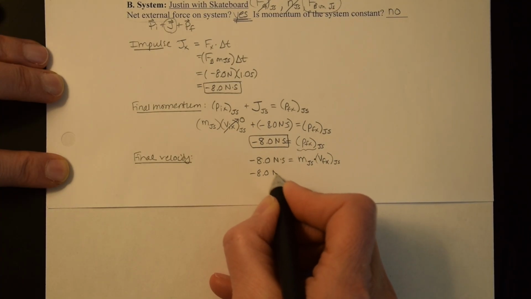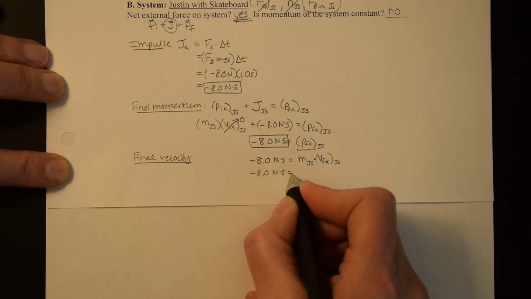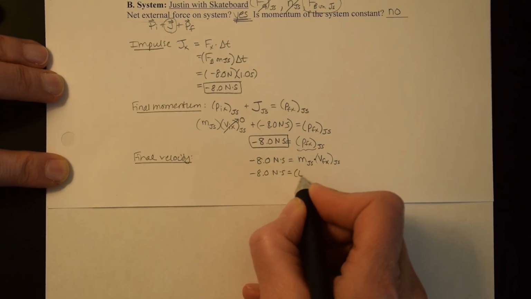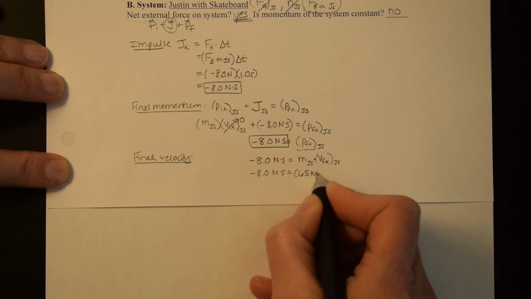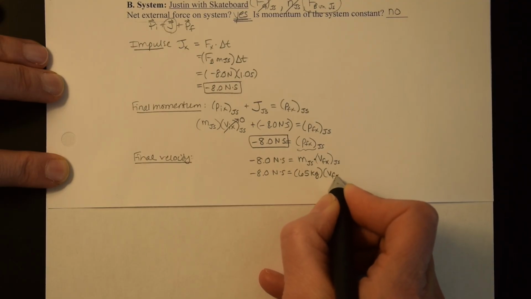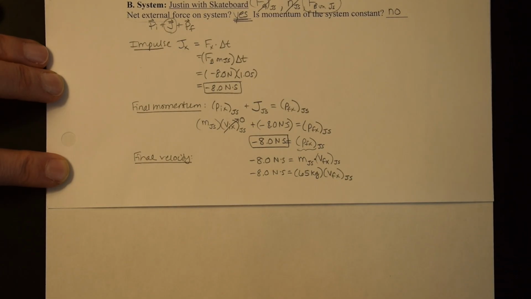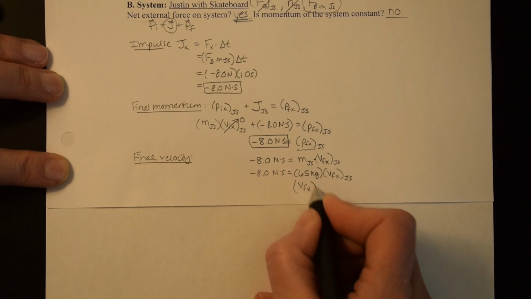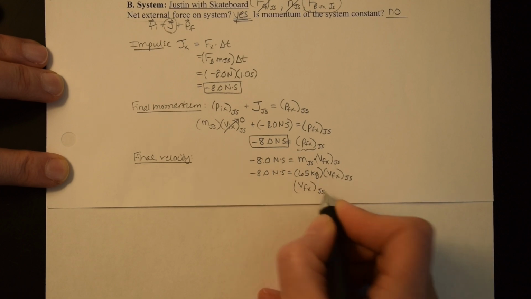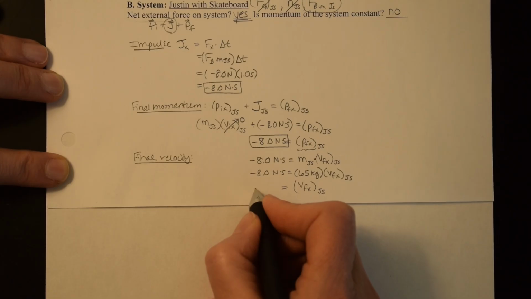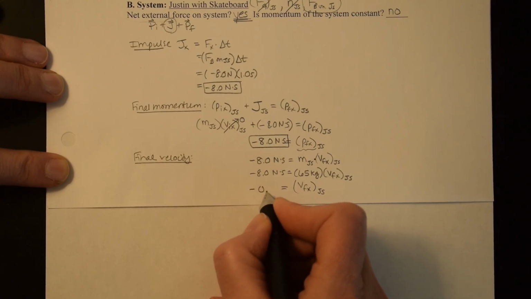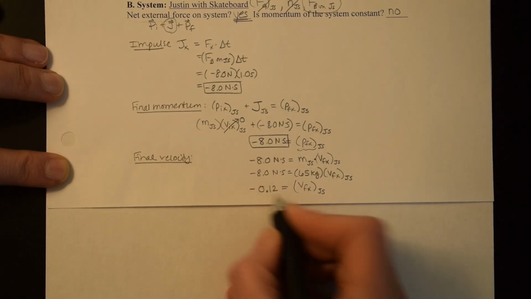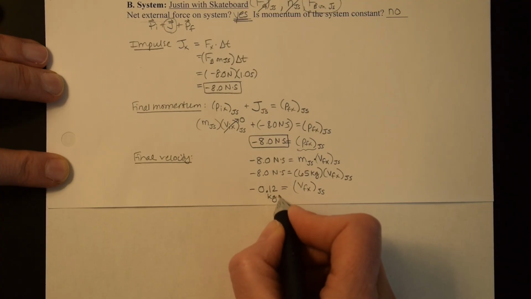So I need to substitute the mass, which is 65 kilograms, and dividing both sides by 65 kilograms, we find that the final velocity of Justin and the skateboard is -0.12 kilogram meters per second.